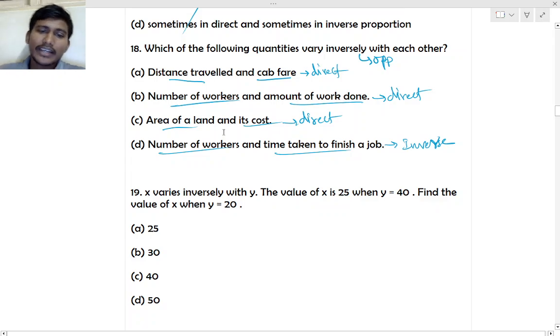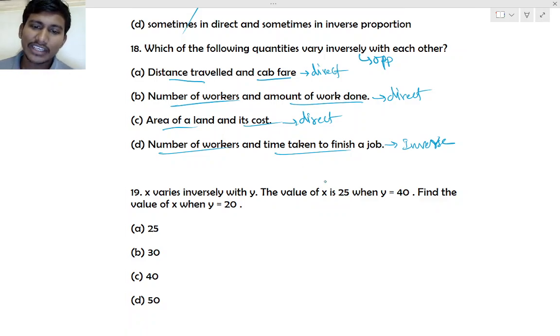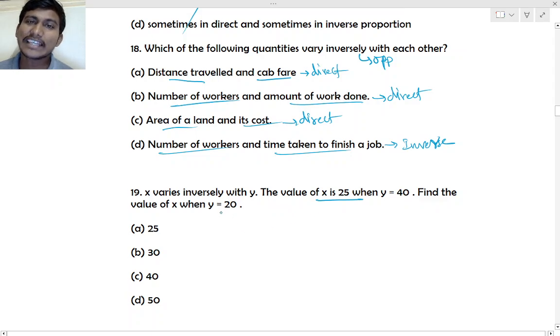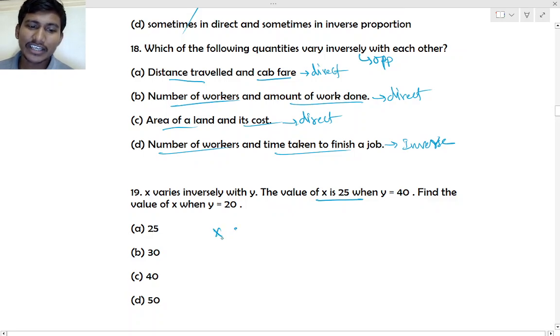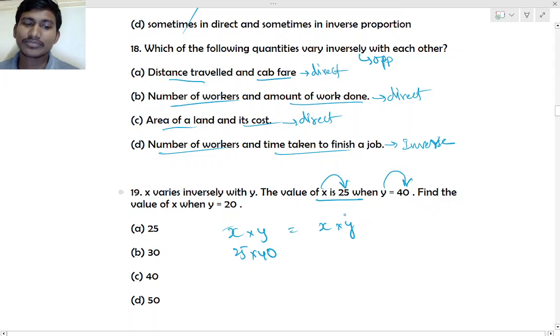19, the value of x is 25 and y is 40. I told you to multiply. So here what we have to do, x into y is equal to x into y. X into y is equal to x into y. So first time x is 25, y is 40. Then when y is 20, x we have to find.